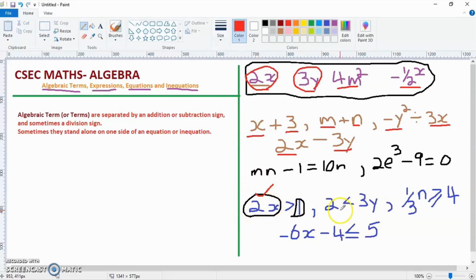Here the 3y stands alone on the right of the equation. This term here stands alone on the left of the equation. This here is not an algebraic term, it's an expression because it's a combination of two algebraic terms. The 5, however, is a term by itself. Good. So an algebraic term, let me just take off all this.